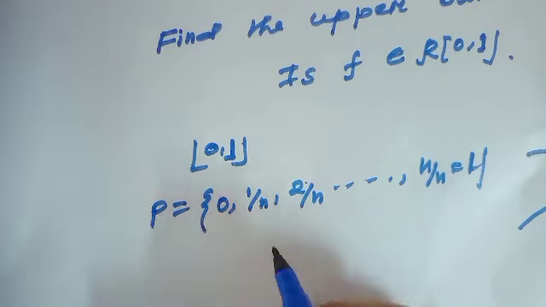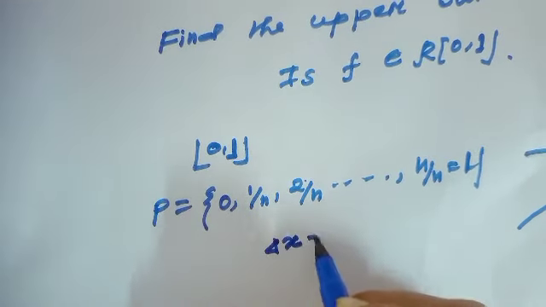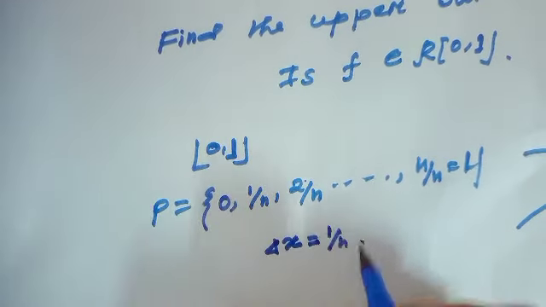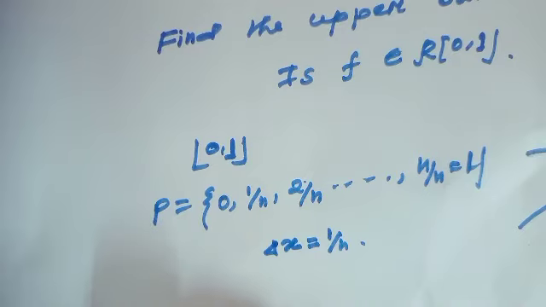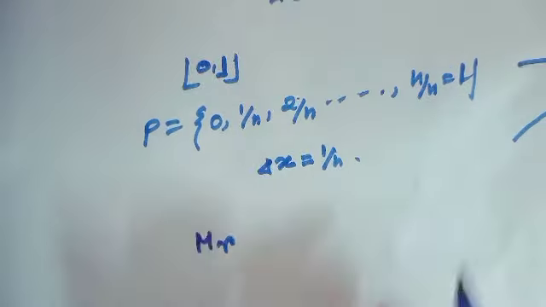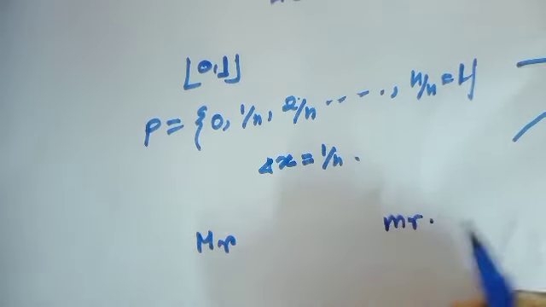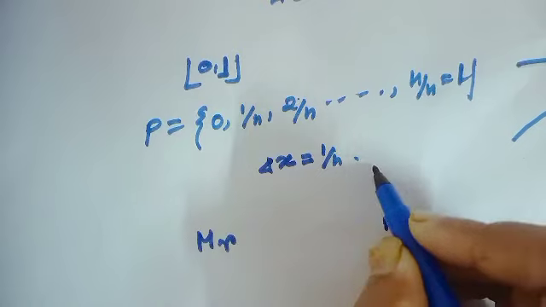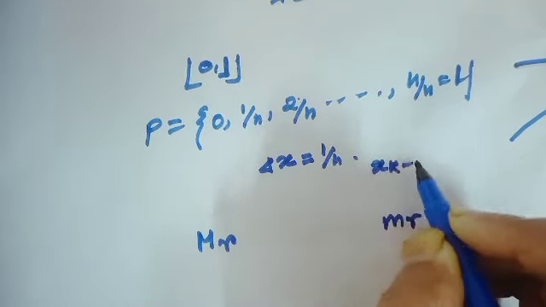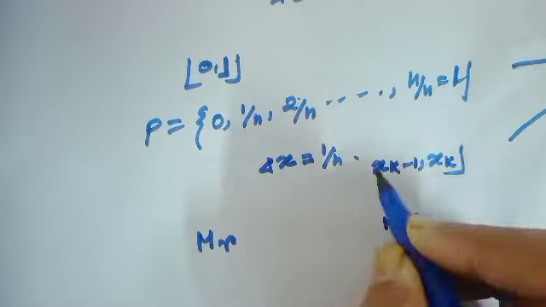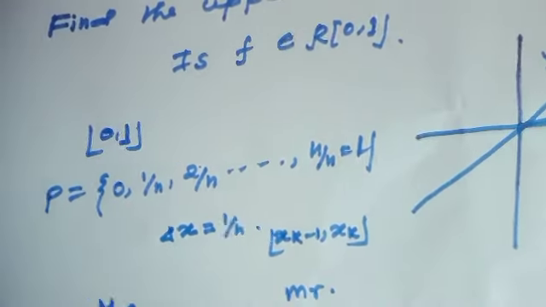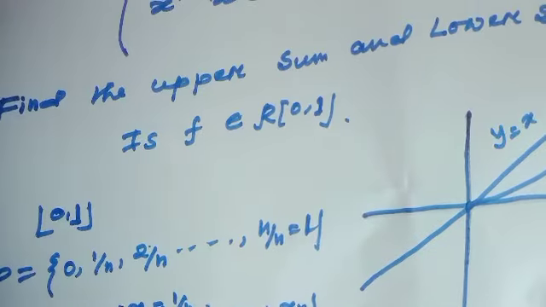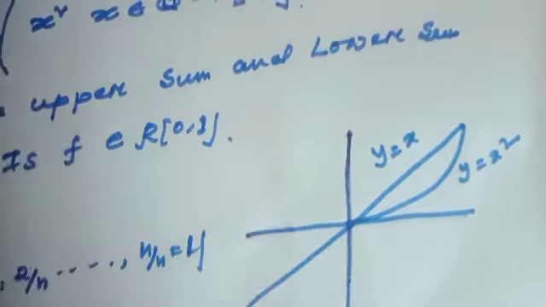That means here delta x equal to 1 over n. Now we have to find capital Mk and small mk. Consider the sub-interval xk minus 1 to xk, and notice in this sub-interval the maximum value at first.